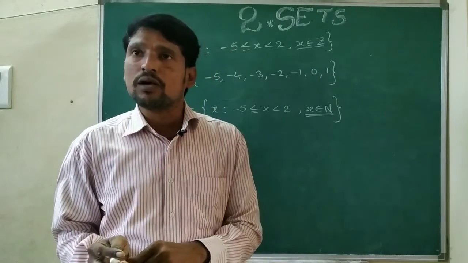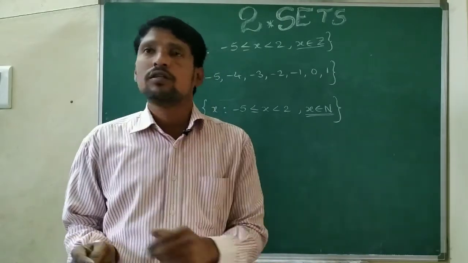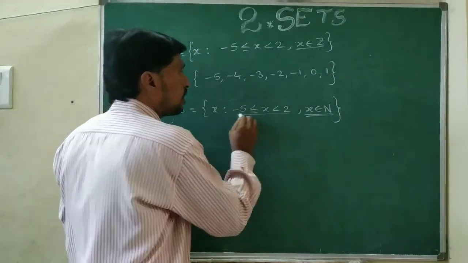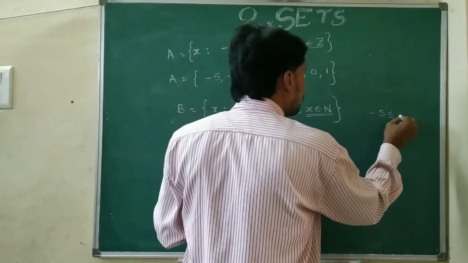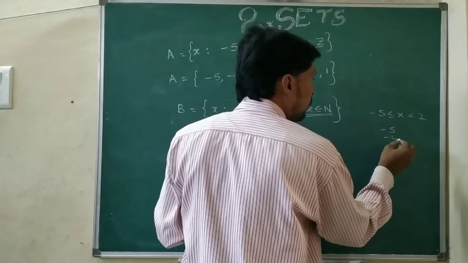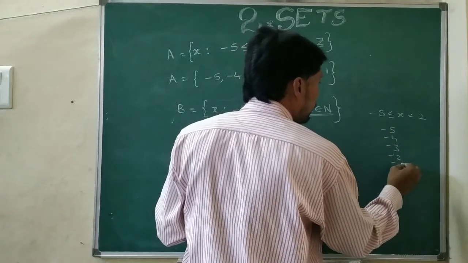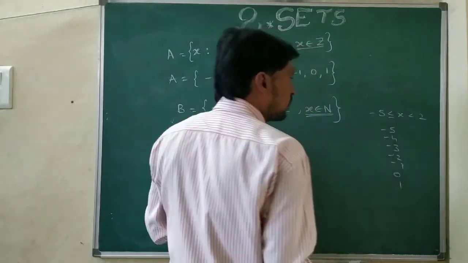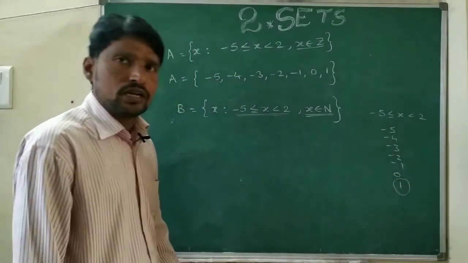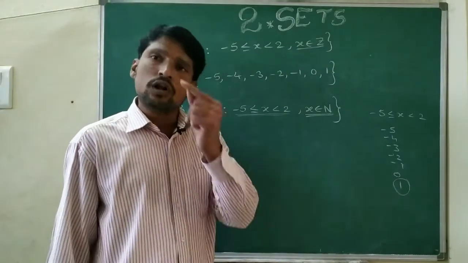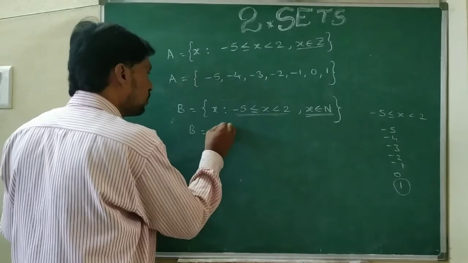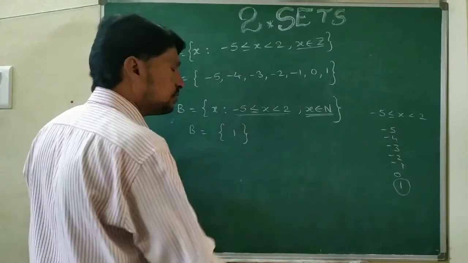So what are the natural numbers? 1, 2, 3, and so on. So with this common property, minus 5 less than or equal to x less than 2 means we are getting minus 5, minus 4, minus 3, minus 2, minus 1, 0, 1. But in this, only the natural numbers we should take. We can get only 1.